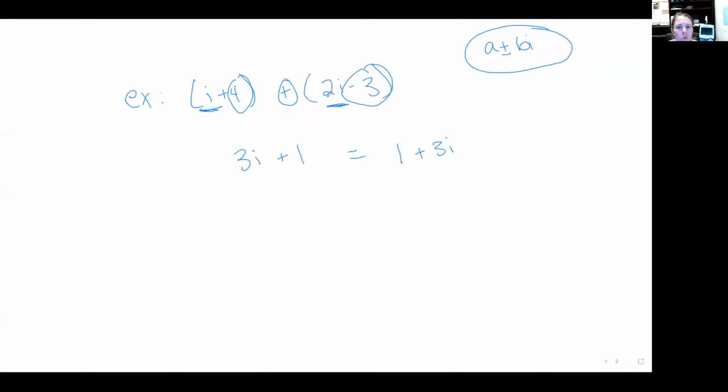What was the problem again? Let me go back and look at this share screen. The problem was i plus 4 and then 2i minus 3. So you can check yourself using the calculator. So I do parentheses, and then I'm going to do second, and then a little dot.